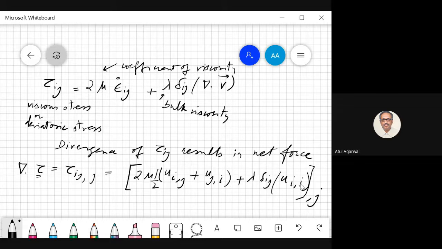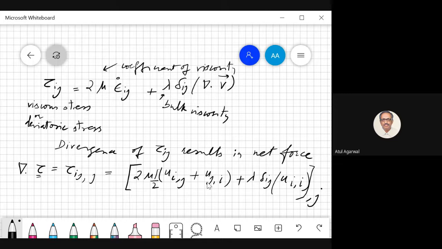If you expand it, del u1 by del x1 plus del u2 by del x2 plus del u3 by del x3. And we have to take the derivative with j.